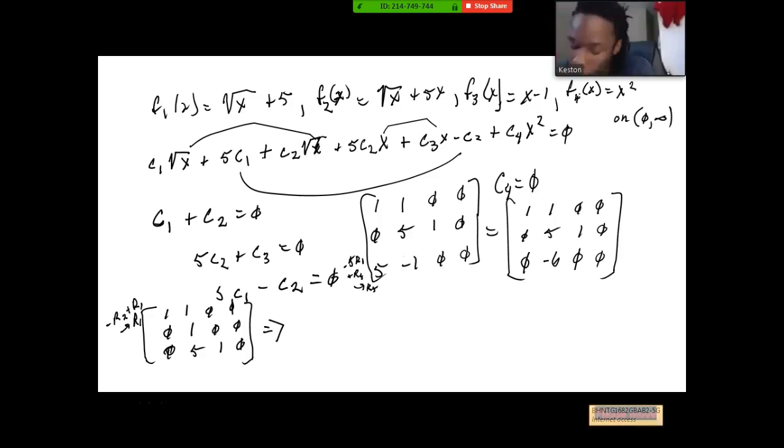So if I do minus row 2 plus row 1, make it the new row 1, we have a 1, 0, 0, 0. Right? 0, 1, 0, 0.